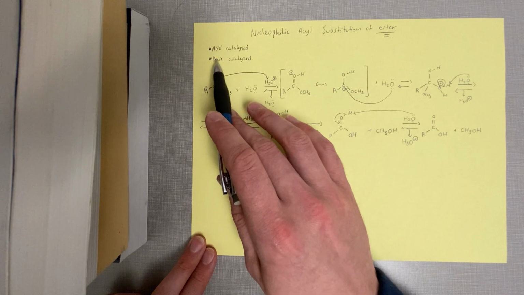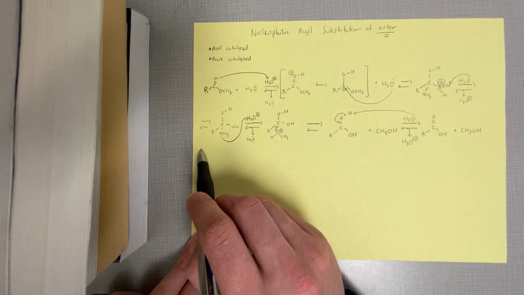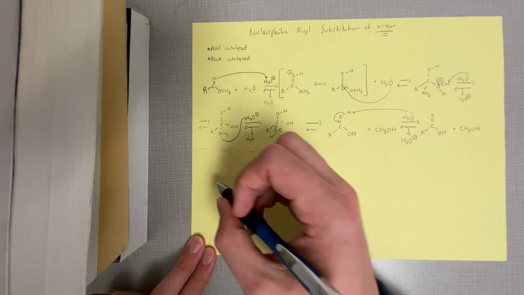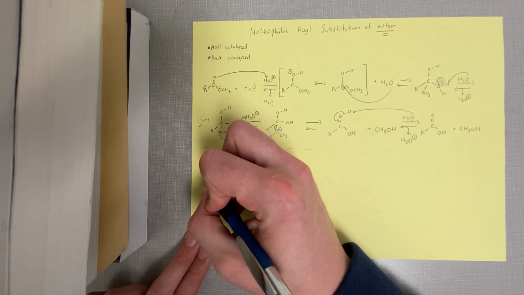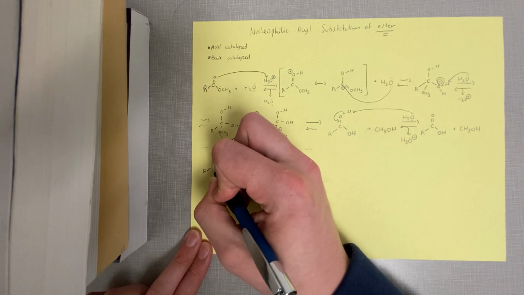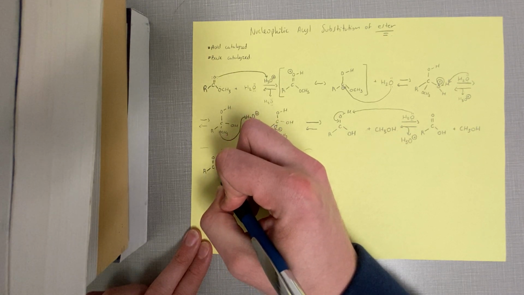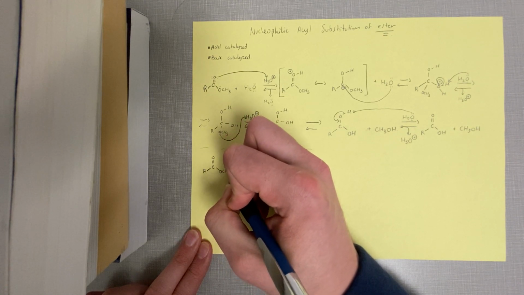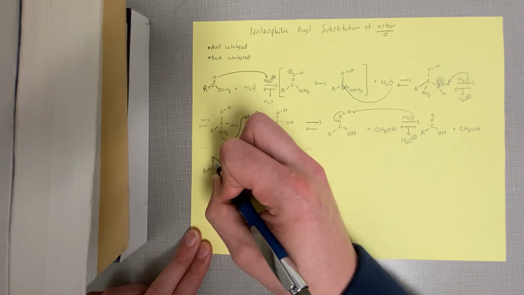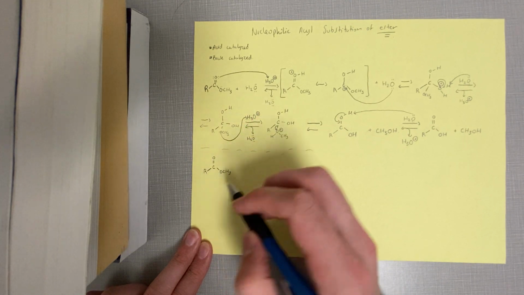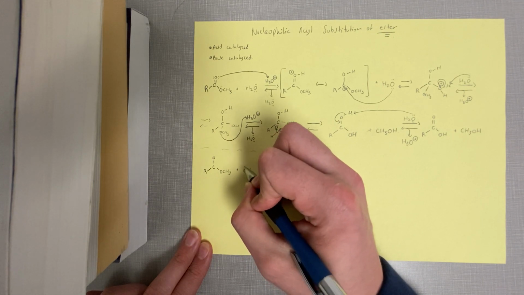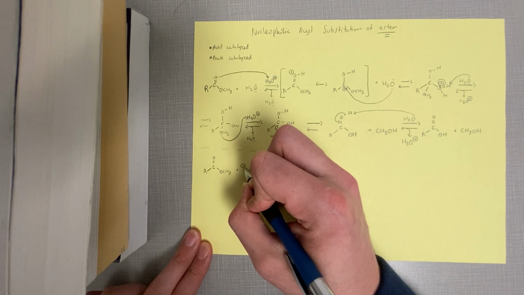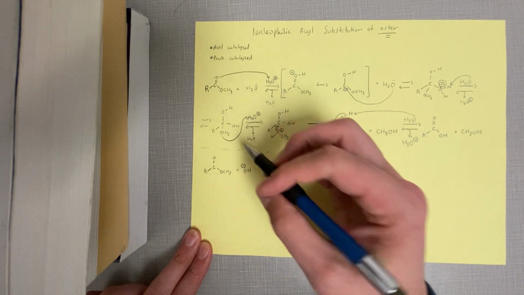Now let's go with base catalyzed. The base catalyzed hydrolysis of an ester is super simple, because even though this ester is in resonance and this is not a strong electrophile, a base is a strong nucleophile because of this negative charge.